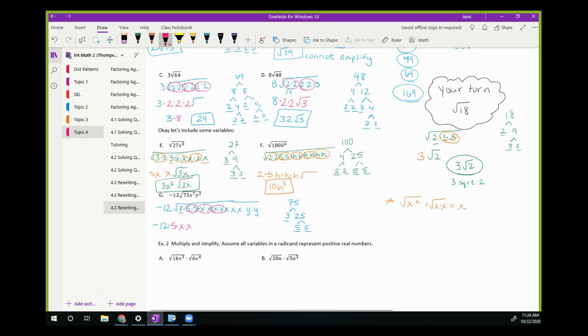What else have I got? This x doesn't have a pair. And then I get a pair of y's. So don't forget to state what's still left inside. I have a 3 inside, and I have an x inside.